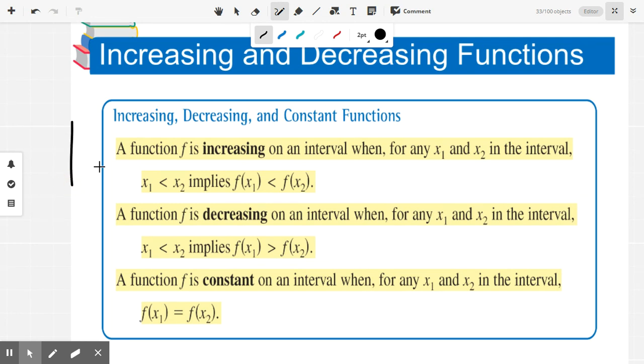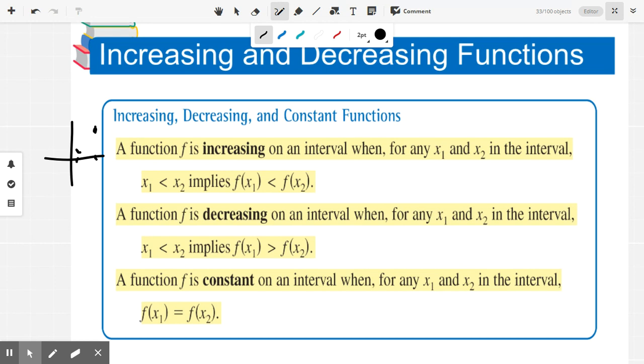That if the x1 is smaller than the x2, so this point smaller than this point on the x, that means on the y that this point is lower than that point. So it would be increasing. Opposite for decreasing. Okay? If x1 is less than x2, that means the f of x or the y is greater than that one, so it's going downhill. And then they're equal. All right?